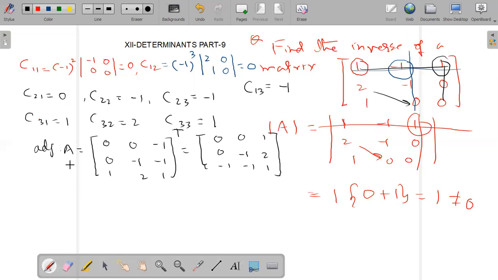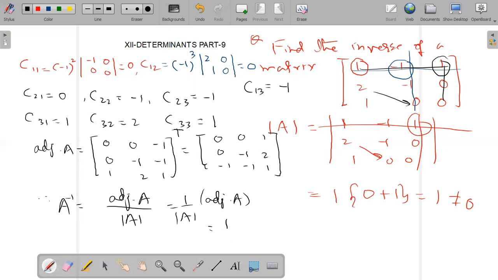So we get the adjoint, and therefore A inverse is equal to adjoint A divided by determinant A. Generally we write it as 1 by determinant A into adjoint A, because determinant is a value and adjoint is a matrix.